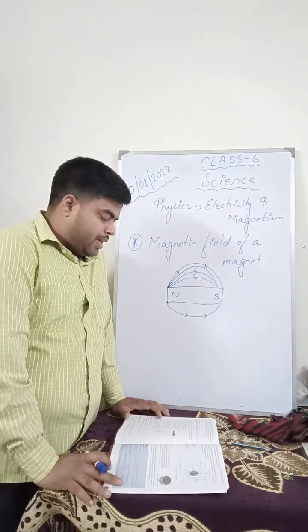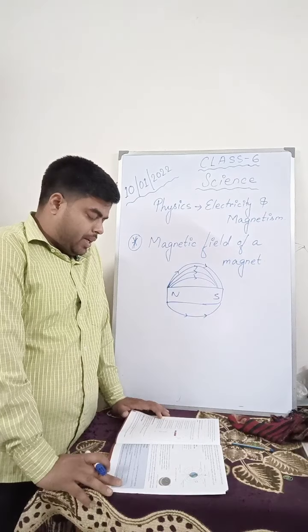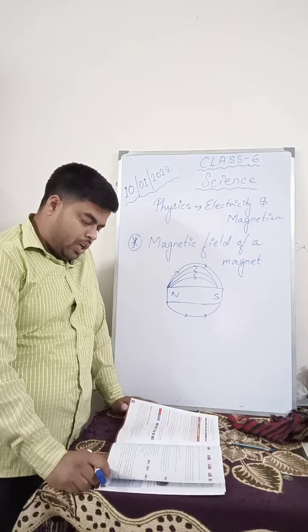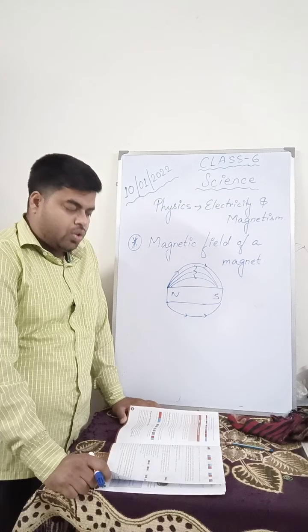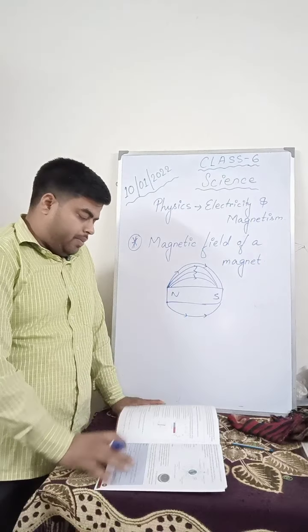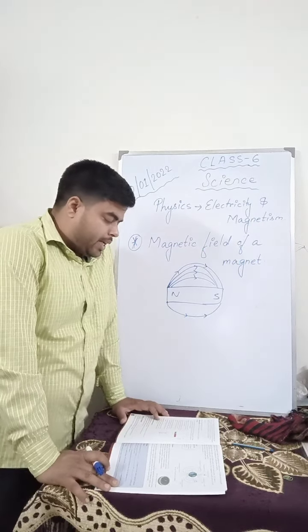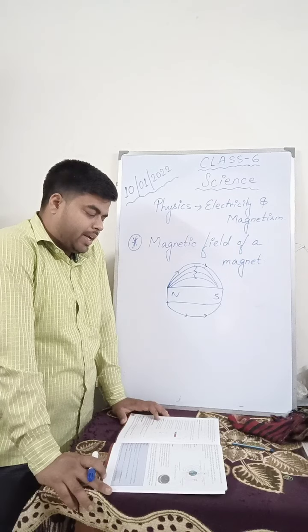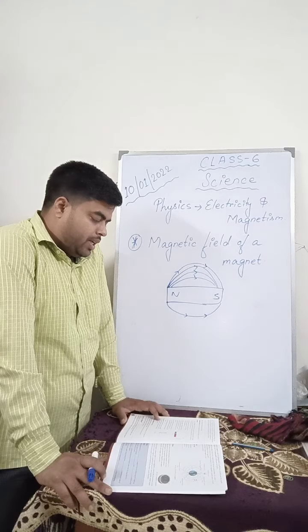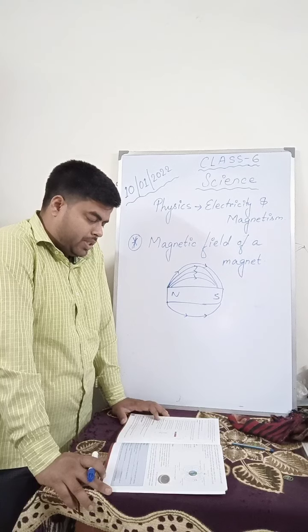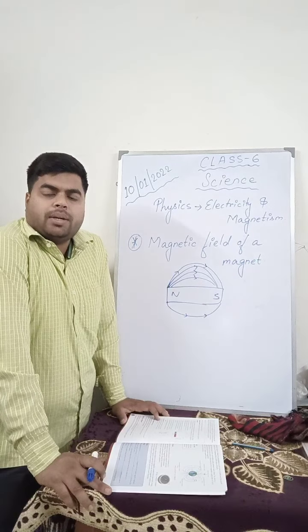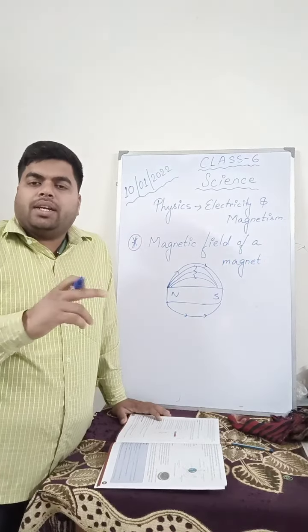The direction of magnetic field lines of a magnet. After that they have given you an activity to observe the magnetic field lines. And on the next page, the direction of magnetic field lines of a magnet can also be understood by noting the deflection of the magnetic compass, to be explained later in the chapter. Deflection is the change in the magnetic compass.